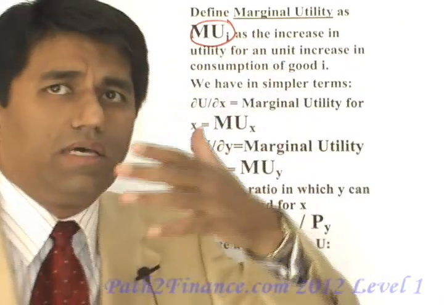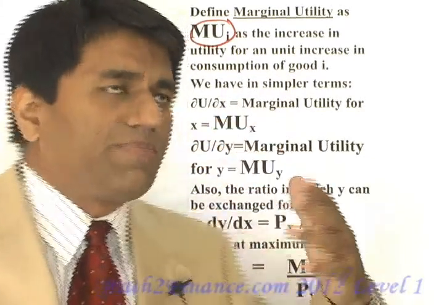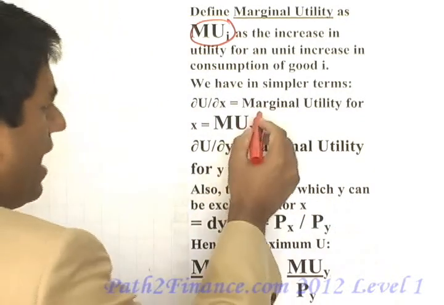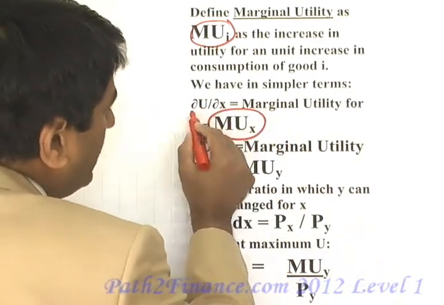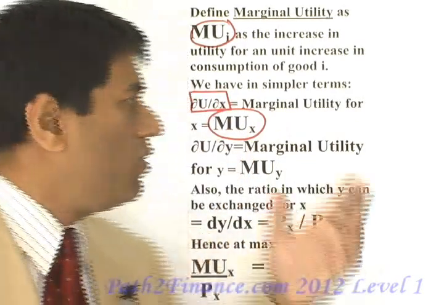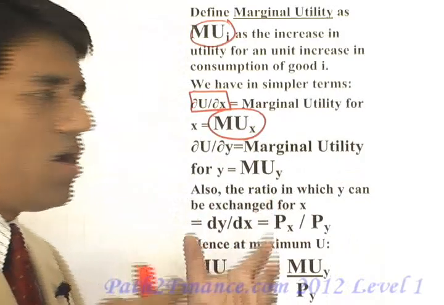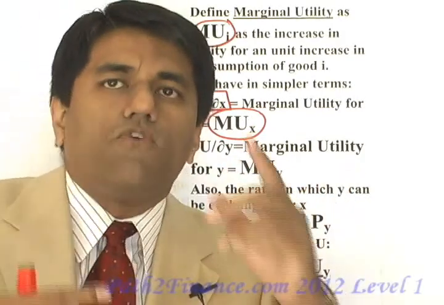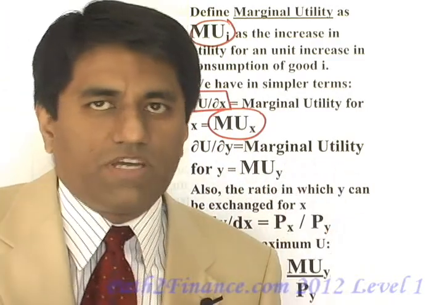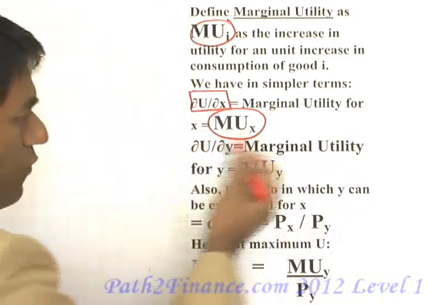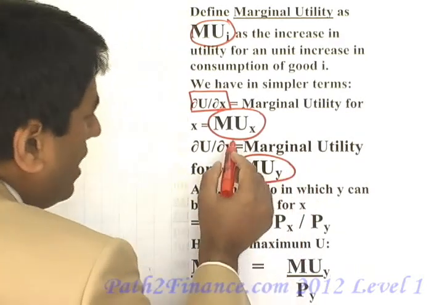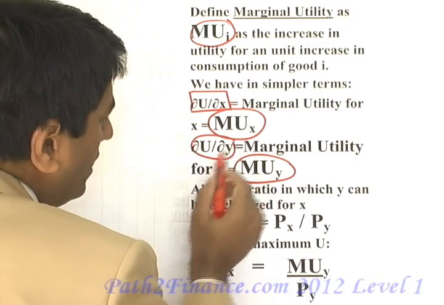So that's the marginal utility with respect to good I. And for good X, it will be MUX, which is del U by del X. So that is the rate of change of U with X, or the increase in U for 1 unit increase in X, if you take a linear approximation. So for Y, the marginal utility is MUY, and that is equal to del U by del Y.